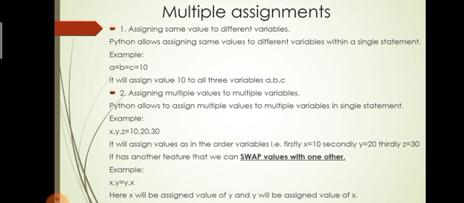So x will be assigned 10, y will be assigned 20, z will be assigned 30. We also have another feature in Python, that is swapping values with one another, like x, y equal to y, x. So here x will be assigned the value of y and y will be assigned the value of x.